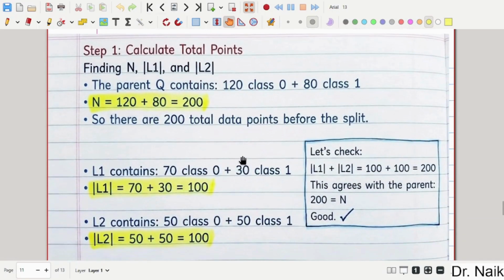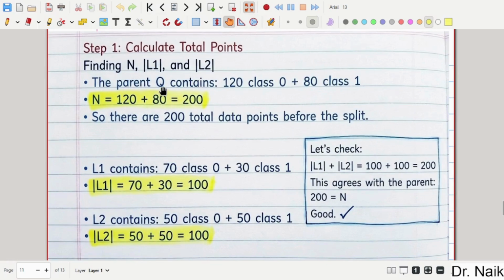Now calculate the total points. The parent node contains 120 points that belong to class 0 and 80 points that belong to class 1. So the total number of points in the parent node, indicated by capital N, is 120 plus 80, that is 200. That means 200 total points are present for the split.